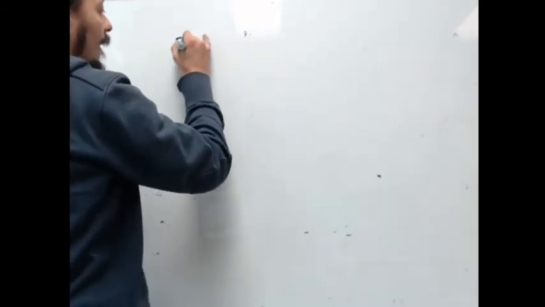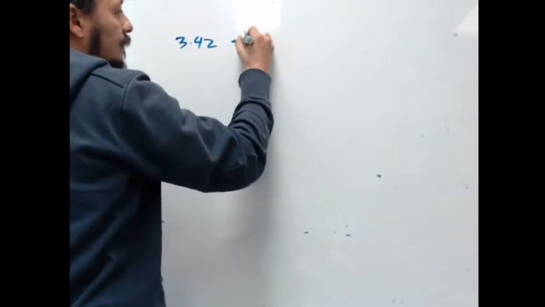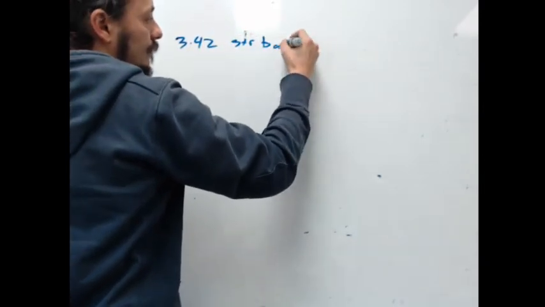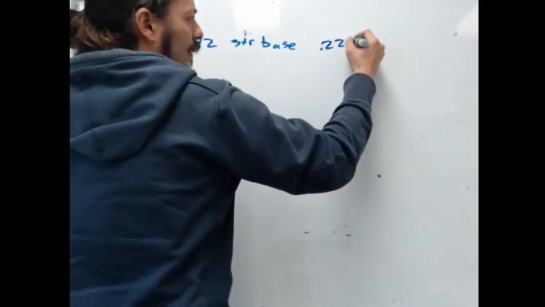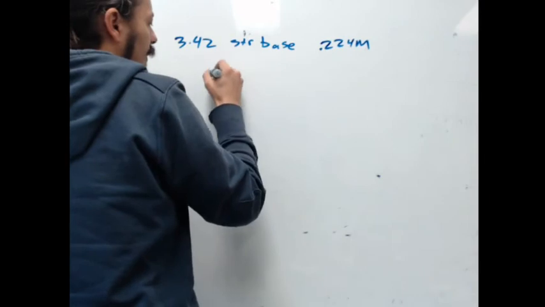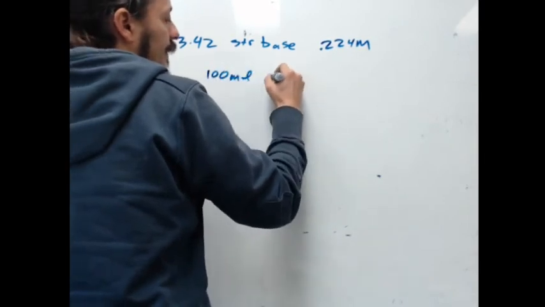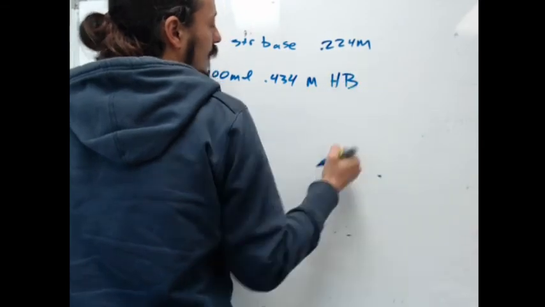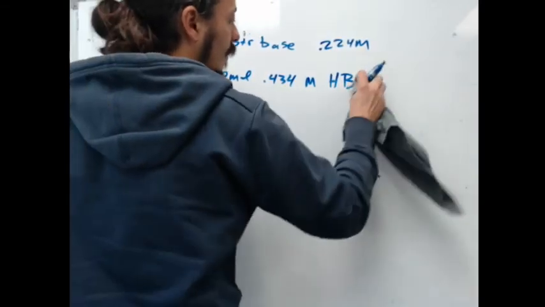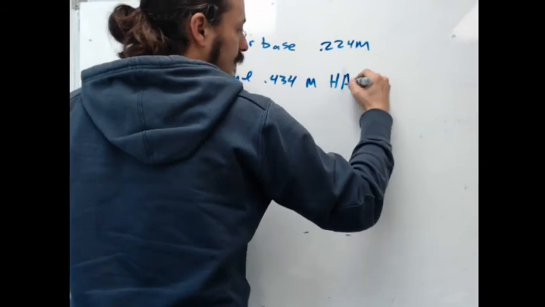Other questions? It's 13 on midterm 1. What's the pH when 3.42 of a strong base, 0.224 molarity, is added to 100 milliliters of 0.434 molarity benzoic acid, and the Ka is 6.3 times 10 to the negative 5.